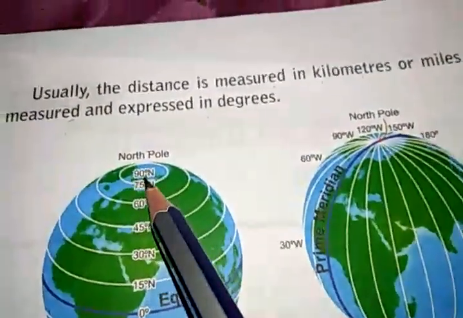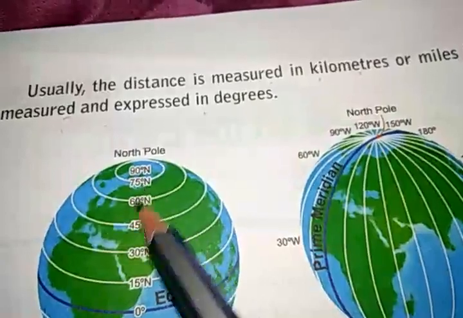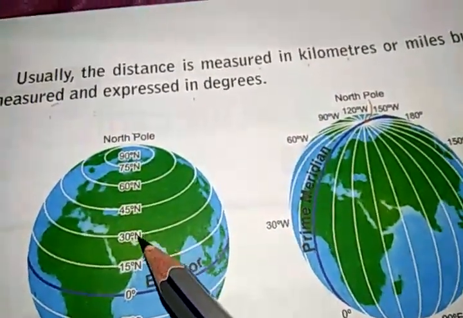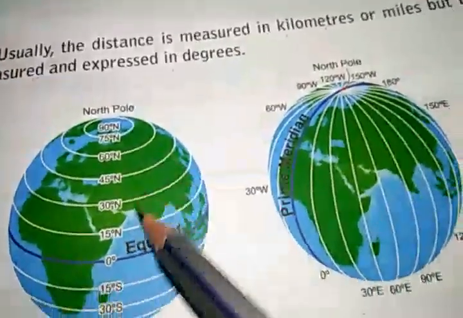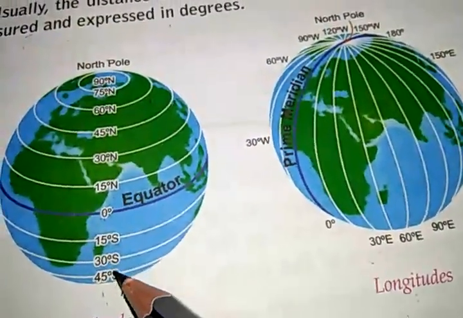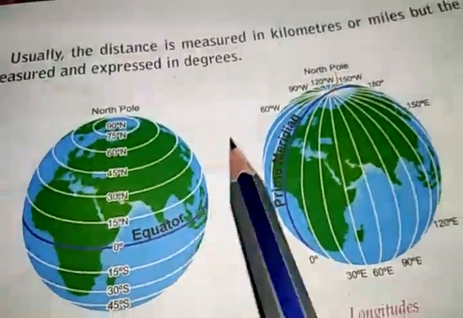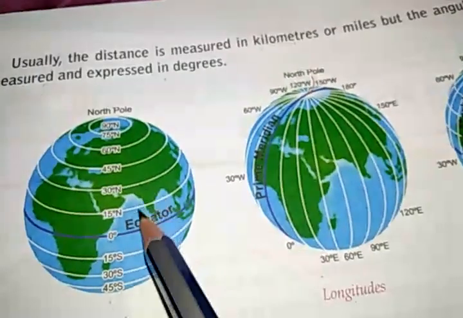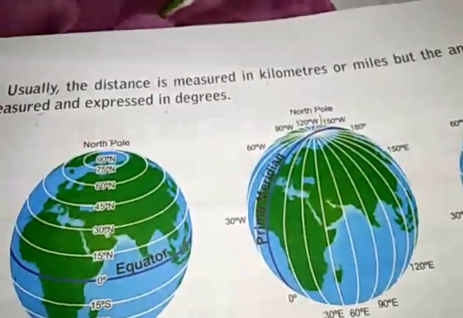That is why it is expressed in degree: 90 degree, 75 degree, 0 degree, 15 degree, 30 degree. N means north, northern hemisphere, and S means south. In the same way, 15 degree, 30 degree, 45 degree. So in this way it is measured, and the distance between two latitudes is measured in kilometer or in miles. We will study that.